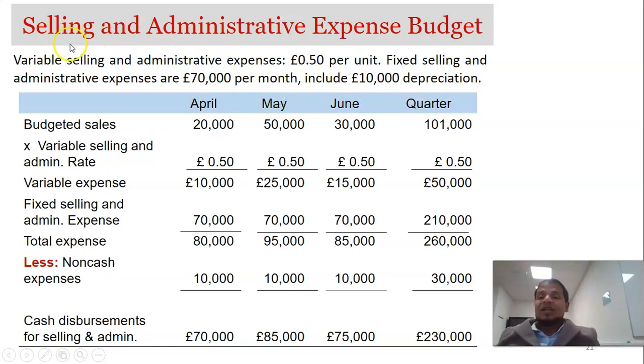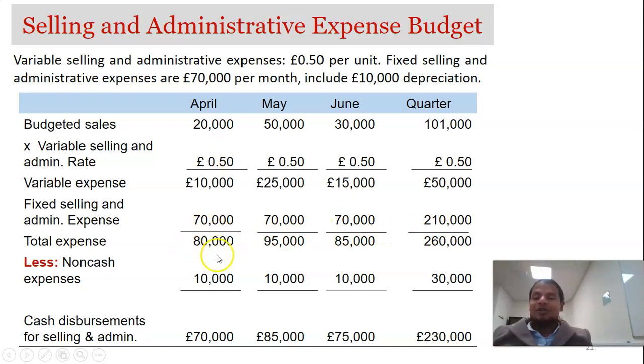So for selling and administrative overhead, we should consider sales quantity as the basis of preparation of the budget. The sales quantities are here from the very beginning budget that we prepared, multiplied by 50p, and we get the variable sales and administrative expenses. Then 70,000 is the fixed selling and administrative expense per month.